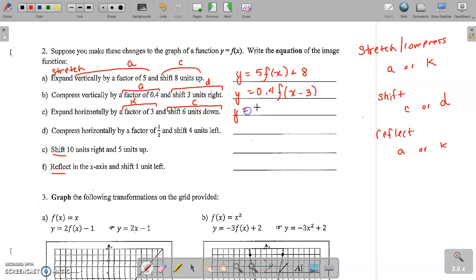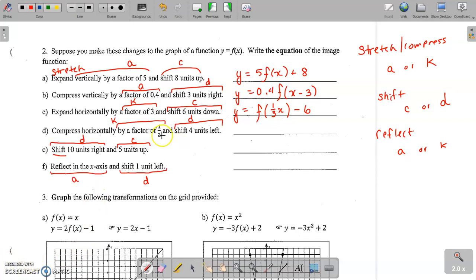So that would look like, instead of 3, it's going to be 1 over 3 x, and shift down, so it's going to be minus 6. Okay, so pause the video and try the rest. And remember, whenever you have the k value, you flip it in the actual transformation function.